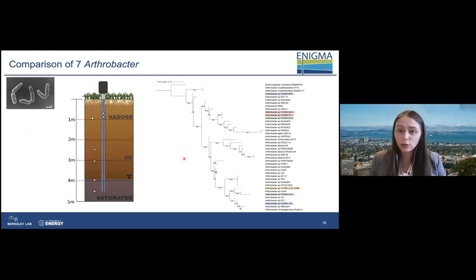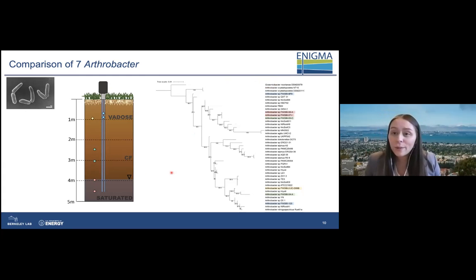full 16S sequence, we saw that they spanned a pretty high diversity of this genus. This tree is rooted up at the top with a closely related genus. Sorry, let me back up. The Arthrobacter from this study are highlighted in the colors that correspond to their little dots on the figure.